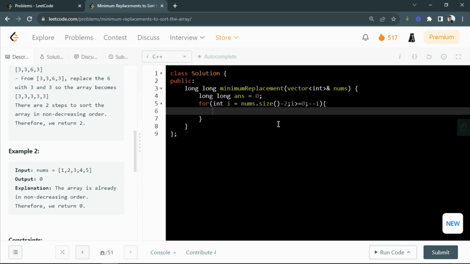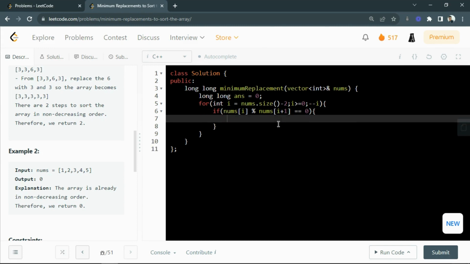Now at each step we will check if nums at I, that means the current element, modulus nums at I plus 1 equals 0 or not. And if it is 0, that means it's perfectly divisible, and we simply need to add nums at I divided by nums at I plus 1 minus 1.